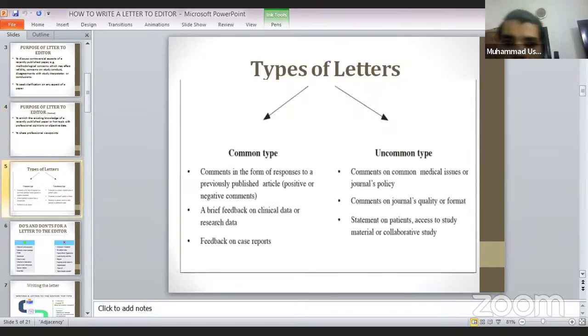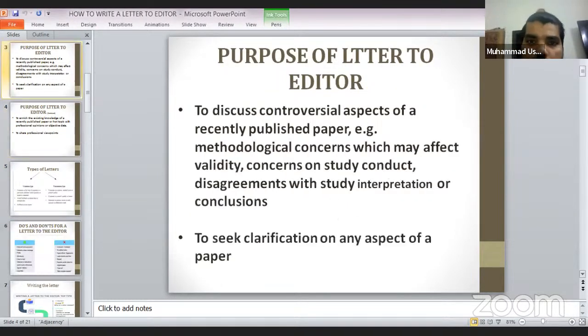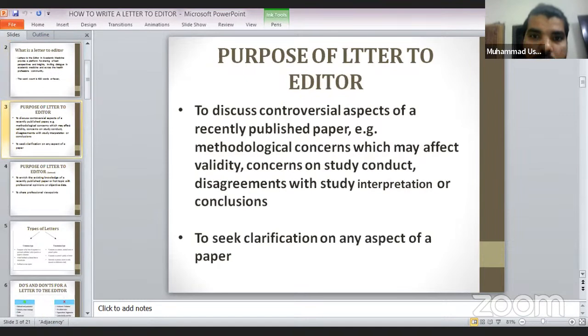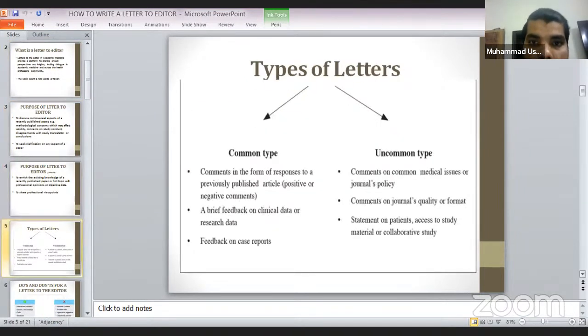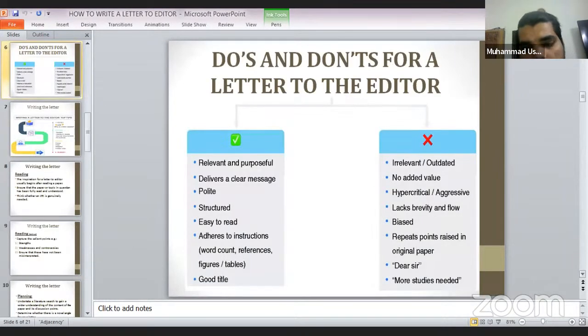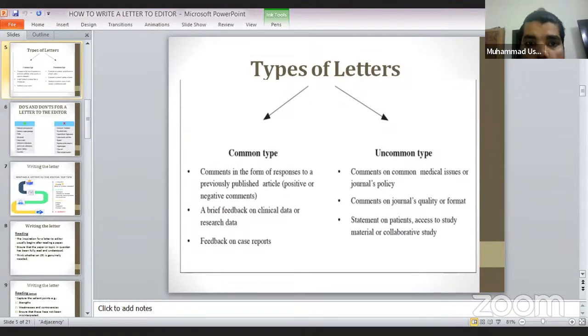If we talk about types of letters, we can categorize them into two. One is the common type and the other one is the uncommon type. The common type is basically comments in the form of response to previously published articles, and they can comprise positive or negative comments.